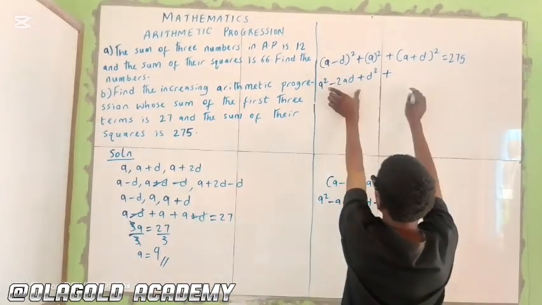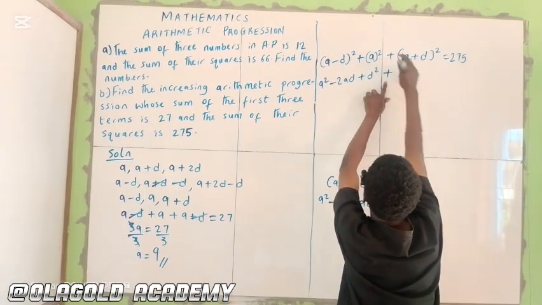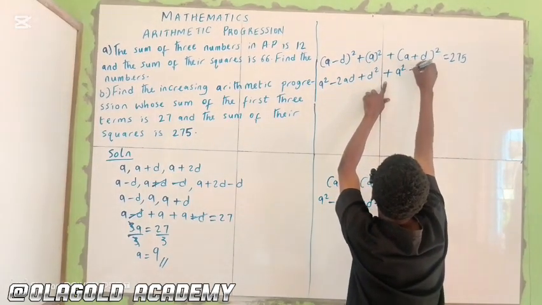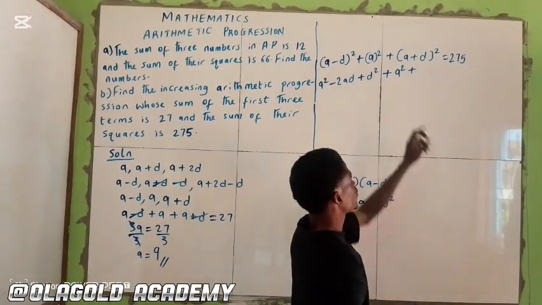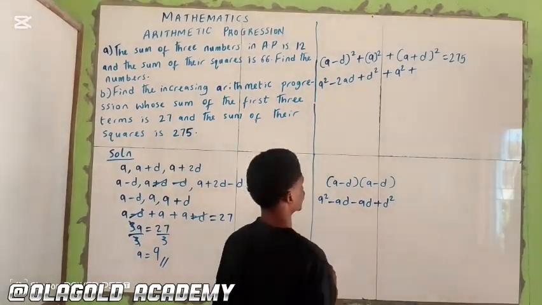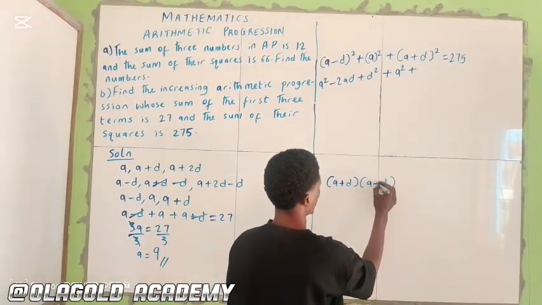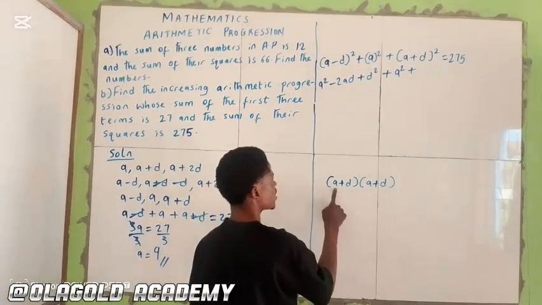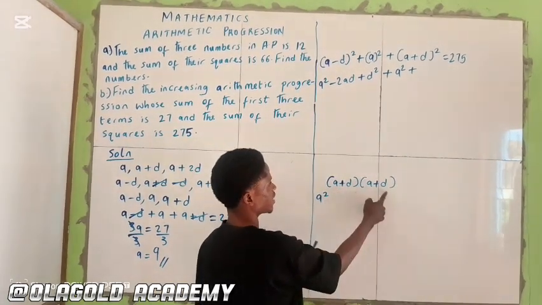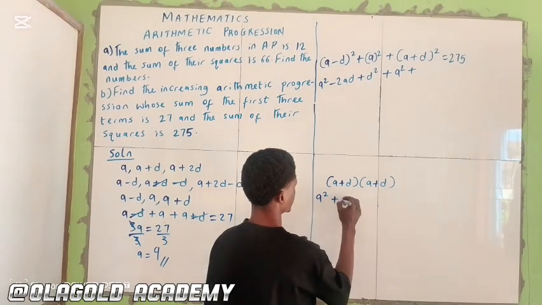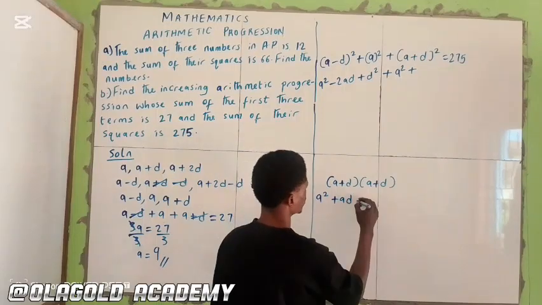Now we have plus A squared plus, to express A plus D squared, you can have A plus D multiplying A plus D. All right. A times A will give us A squared. A times plus D will give us plus AD. Plus D times A will give us plus AD.